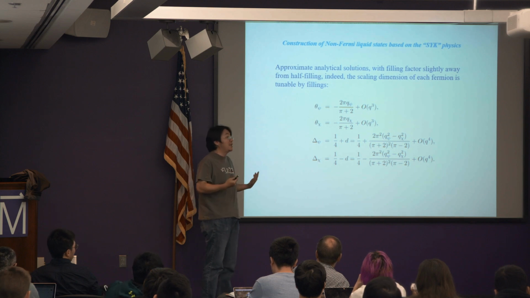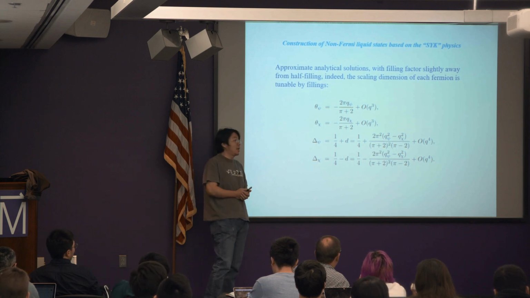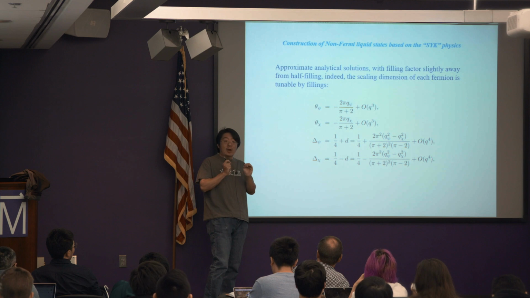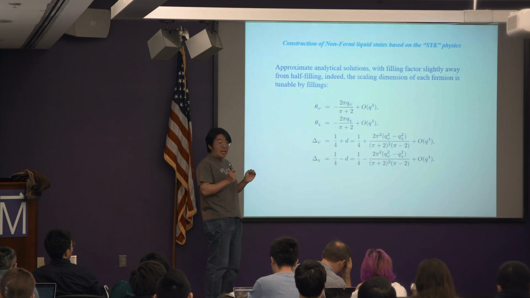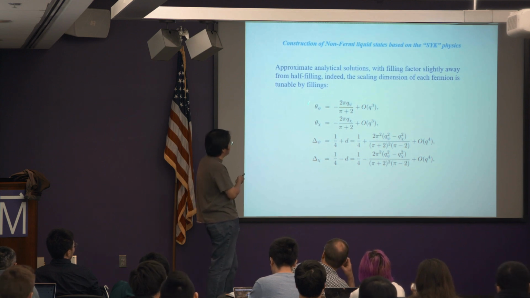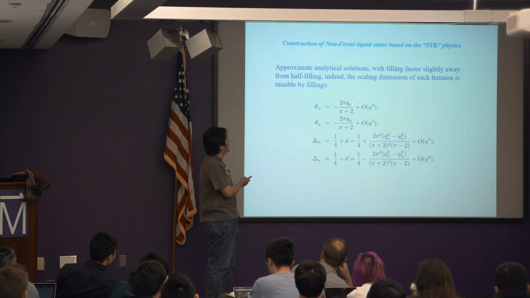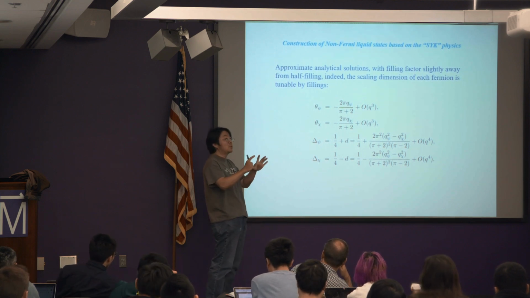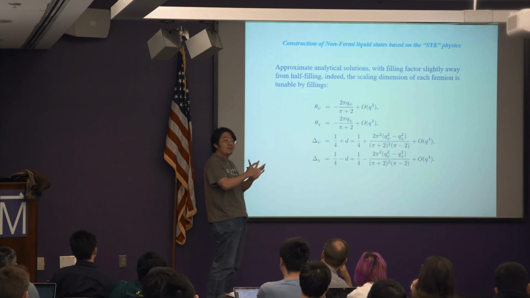At half filling, everything is the same as the SYK model. Away from half filling, we can do perturbation, and write everything as a polynomial in the filling factor Q psi, where Q psi equals big Q minus 1/2.